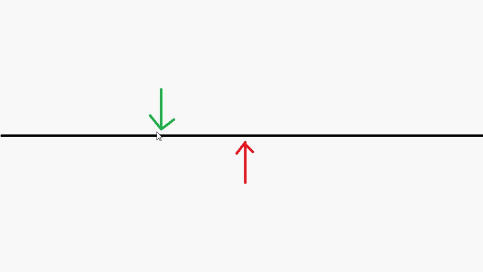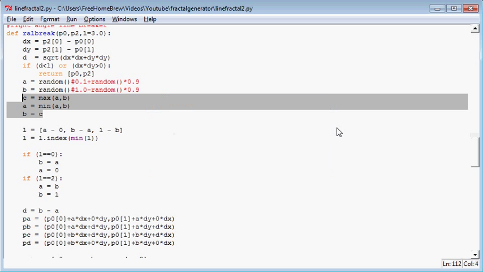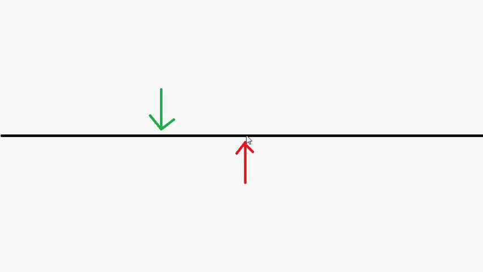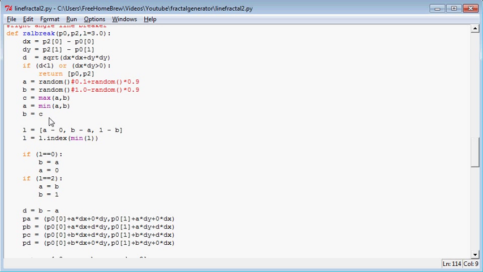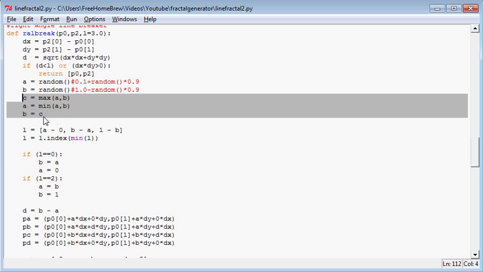So A is either, if the green arrow is over here, then A will be this one, but we already stored this arrow in C. So if we then set B to C, we always have A on the left and B on the right. So B is always greater than A due to these computations.